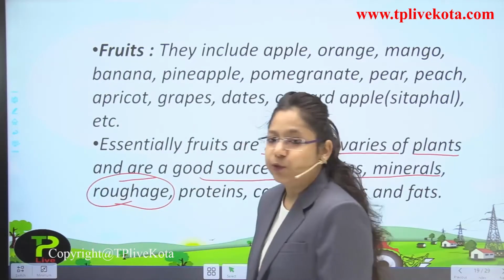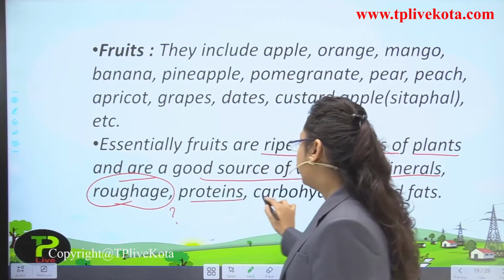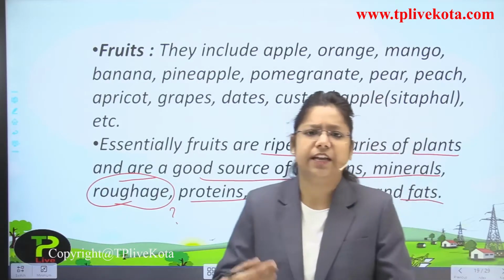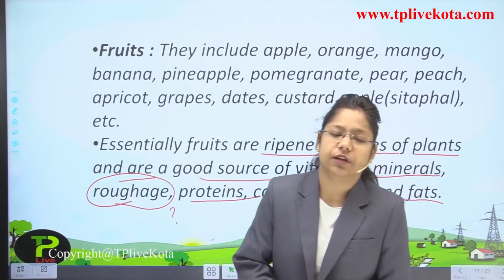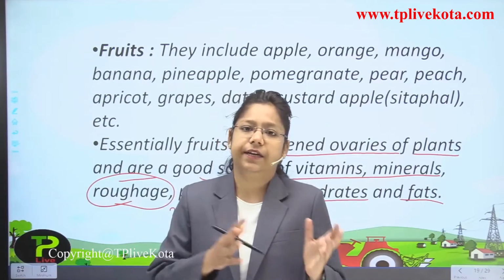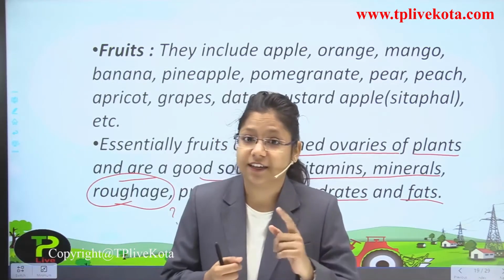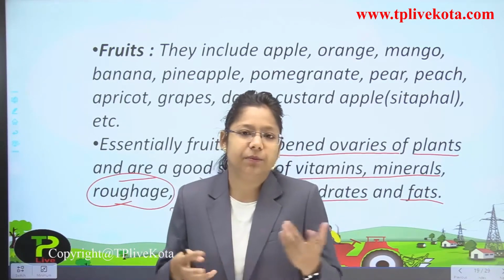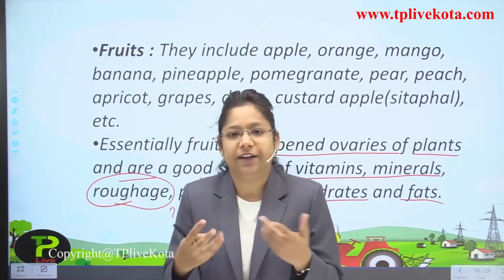What is roughage? I am going to tell you this thing. Proteins, carbohydrates, and fats, means each and every essential nutrient which is required by our body, are contained in fruits. So you should eat a single fruit daily. Maybe it be apple, maybe it be mango, it's dependent upon your choice.